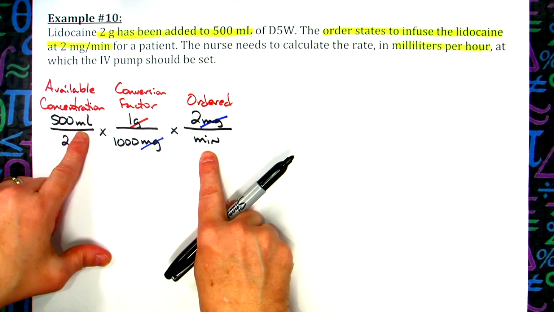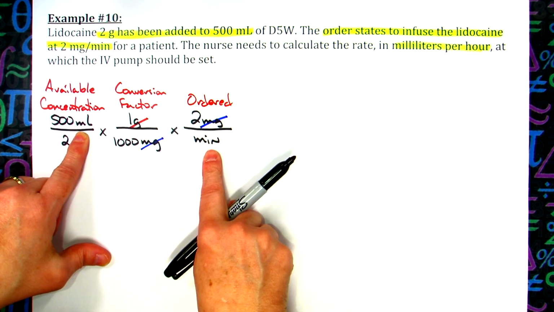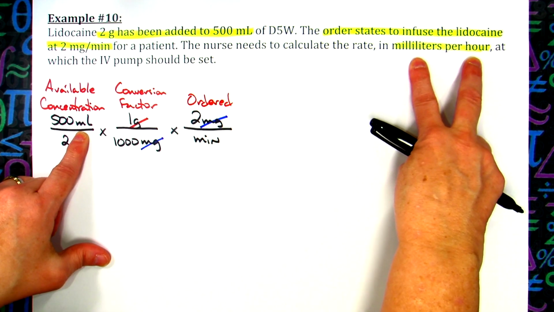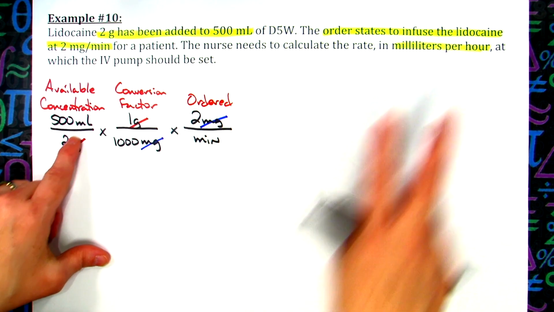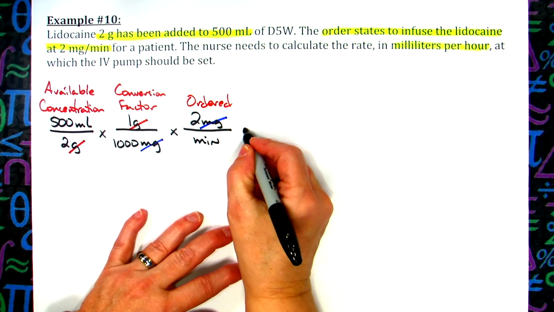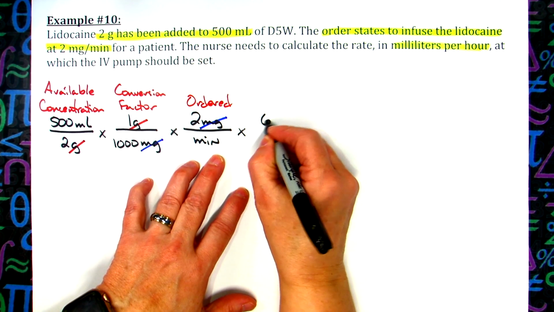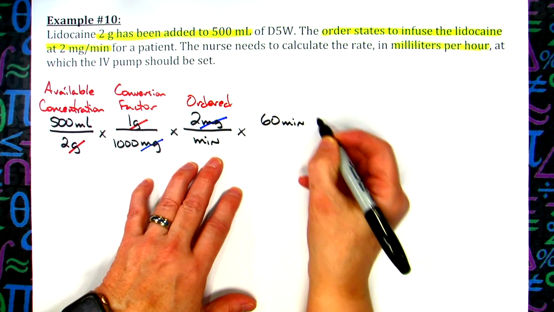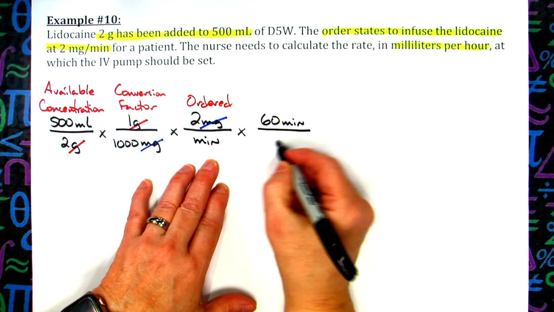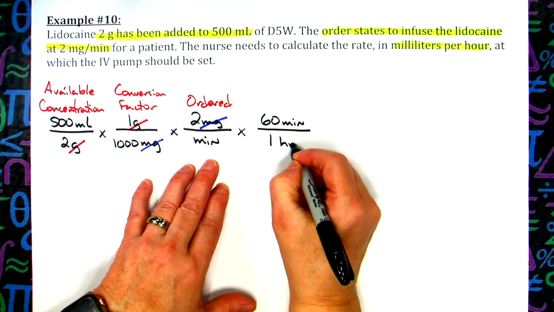I'm down to milliliters per minute, but I need milliliters per hour. So now I've got one more conversion factor. We got to go from minutes to hours. We know there's 60 minutes in an hour. So I want the 60 minutes on the top, so those minutes are going to cross out. I want the 1 hour on the bottom.